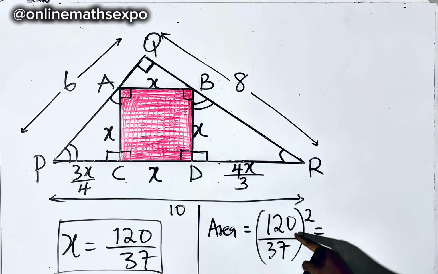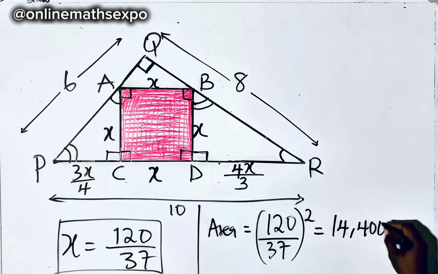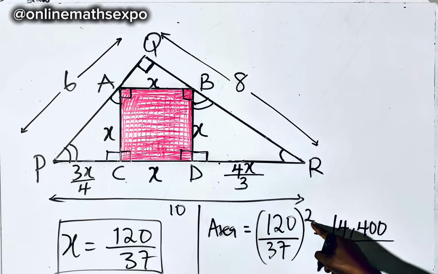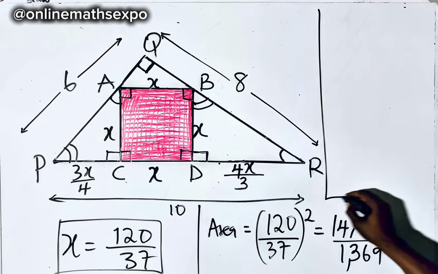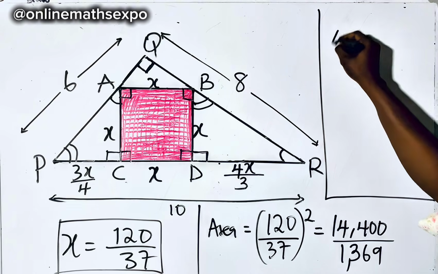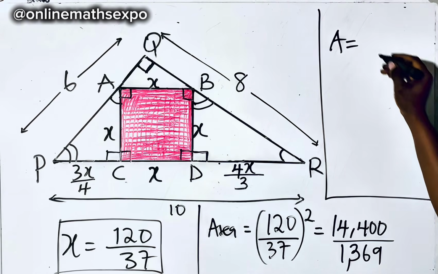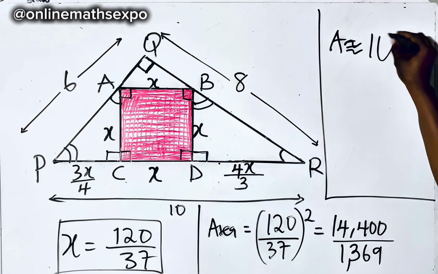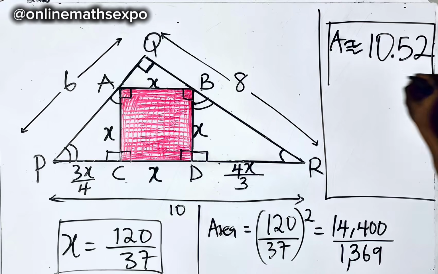And this is the same as 120 squared, which gives us 14,400, over 37 squared, which gives us 1,369. So quickly divide this, let's conclude here. We are going to have area is approximately 10.52 squared units.